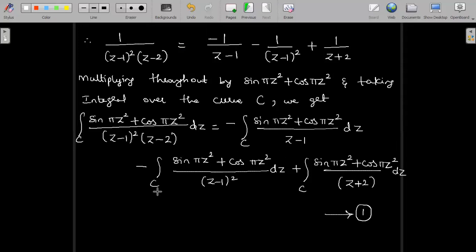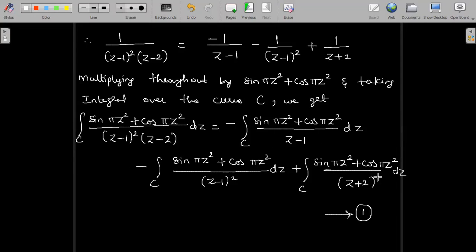Observing each of these terms, the numerator term is sine pi z square plus cos pi z square, which I can assume as f of z. So each one of these is of the form integral over C of f of z by z minus a. The second integral is of the form f of z by z minus a whole power n plus 1. And the third integral is of the form integral over C of f of z divided by z minus a.